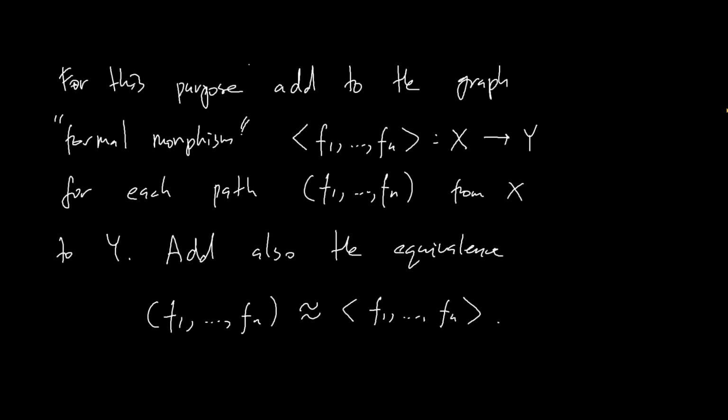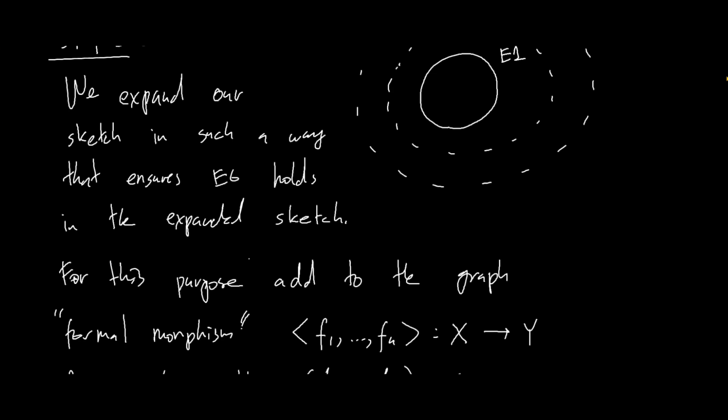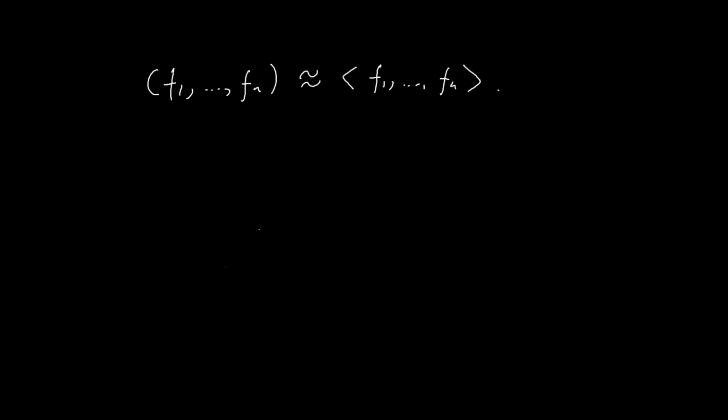So this seems to take care of, if I go back to that picture I had before, this is my initial graph, initial sketch, I should rather call it. So I've got the objects and morphisms in there.